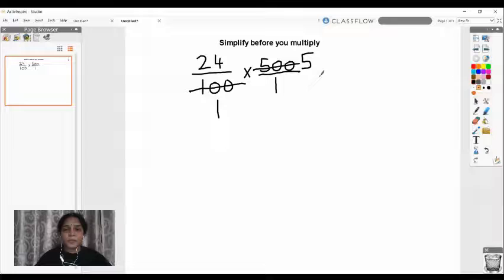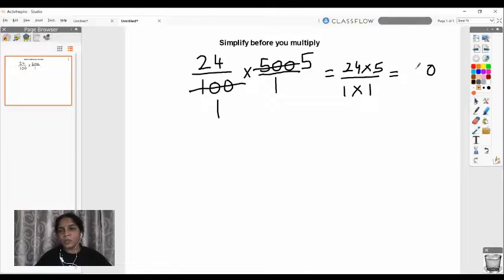So it becomes so easy, so simple instead of doing the 24 and 100. Now we are only left with 24 into 5, and in the bottom just 1 into 1, which makes it easy, right? And we know that this is going to be 120, which makes it very, very simple. Correct? I hope this helps you.